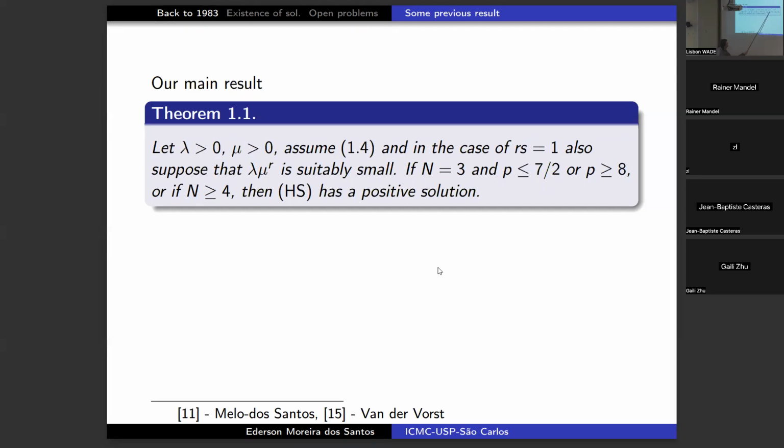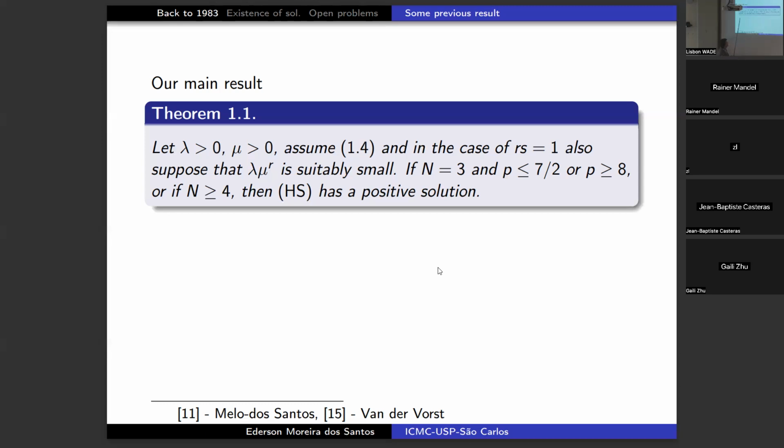And in the case of one homogeneous perturbation, we also suppose that this product, lambda times mu to the power r, is suitably small. If the dimension is 3 and p is less or equal to 7/2, or p is greater than 8, or if we are in dimension greater or equal to 4, then we prove the existence of a positive solution.